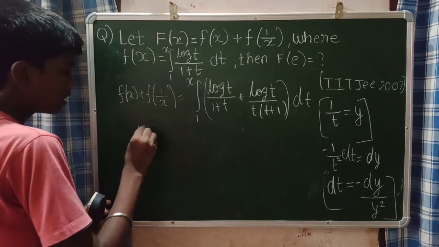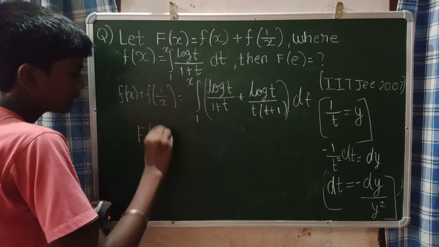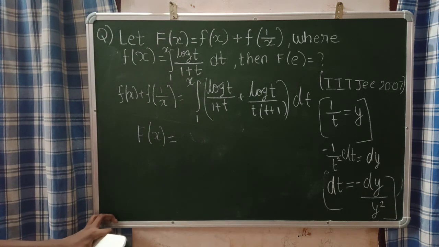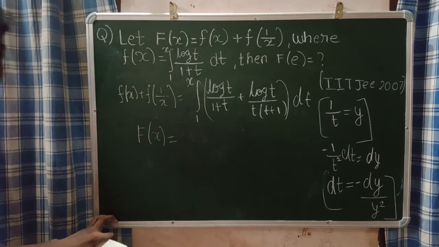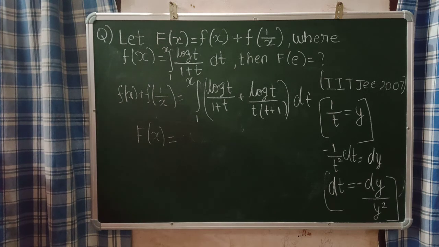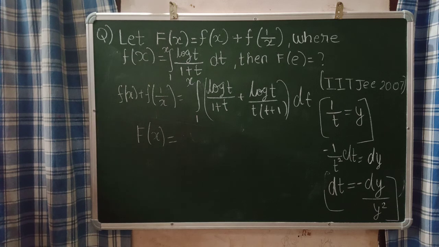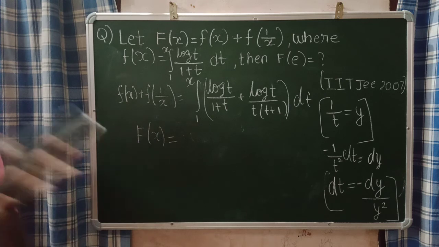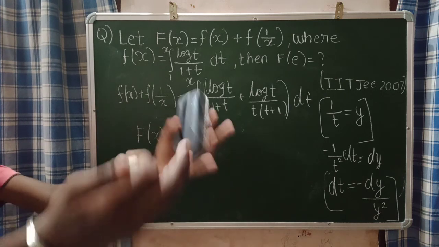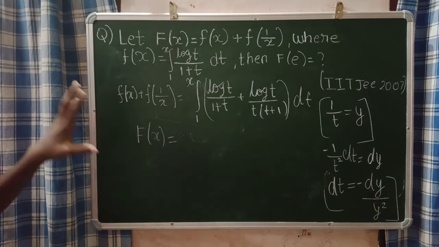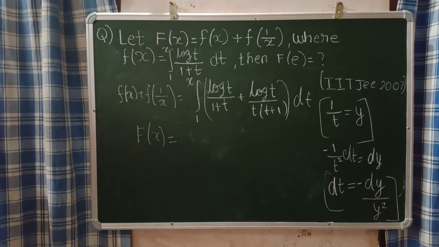Because for example, saying 2 into 2 into 2 into 2 into 2 is difficult, but if we say 2 power 4, 2 power 5, it's easy now. Rather than saying 2 into 2 into 2 into 2, you can say 2 power something. That is why I am writing small f of x plus small f of 1 by x as capital F of x.